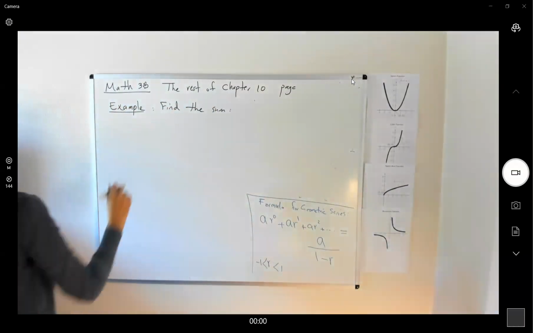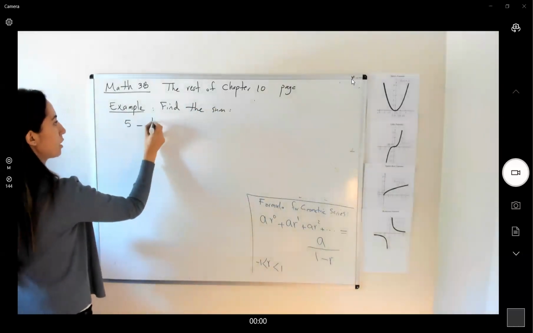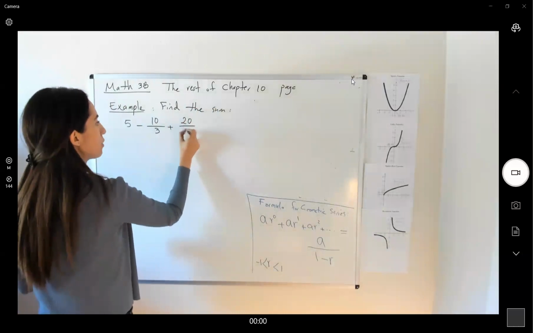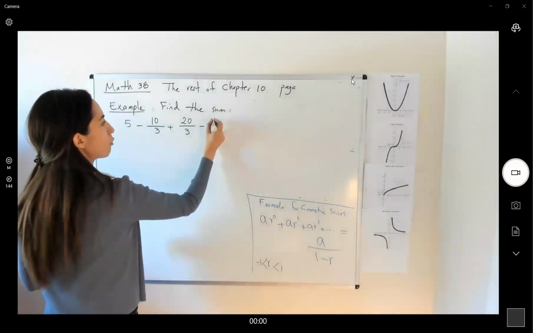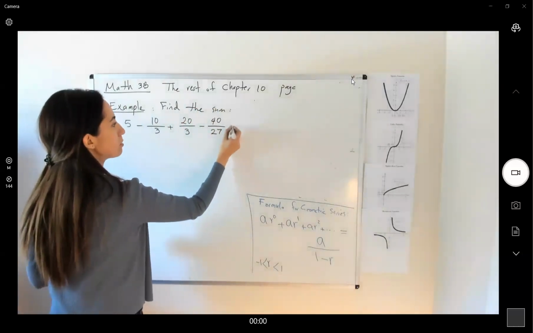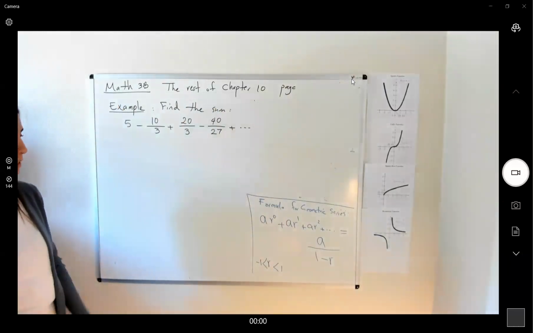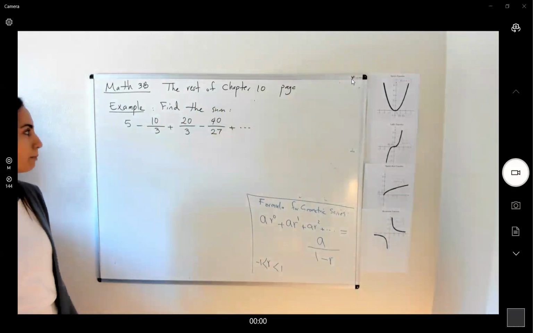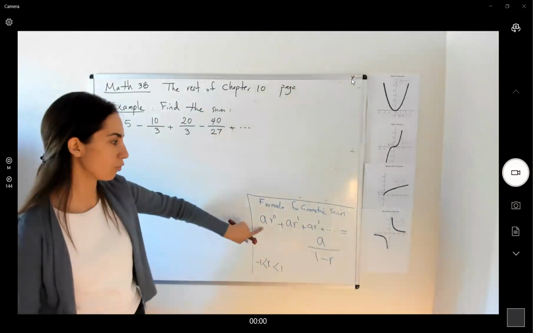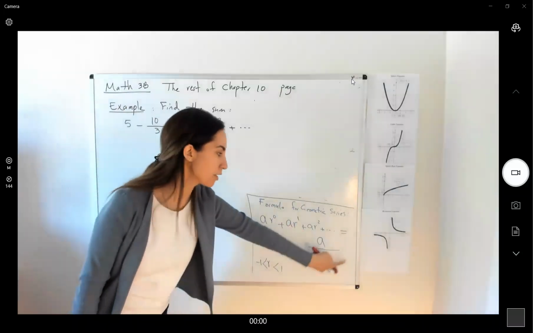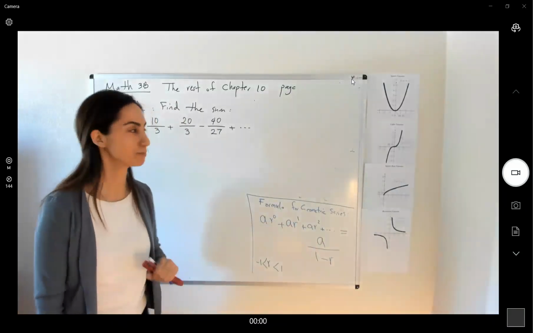The terms that are given: 5 minus 10/3 plus 20/9 minus 40/27 plus the rest. Okay, perfect. So my goal is to form this sum, so I can use this formula here.